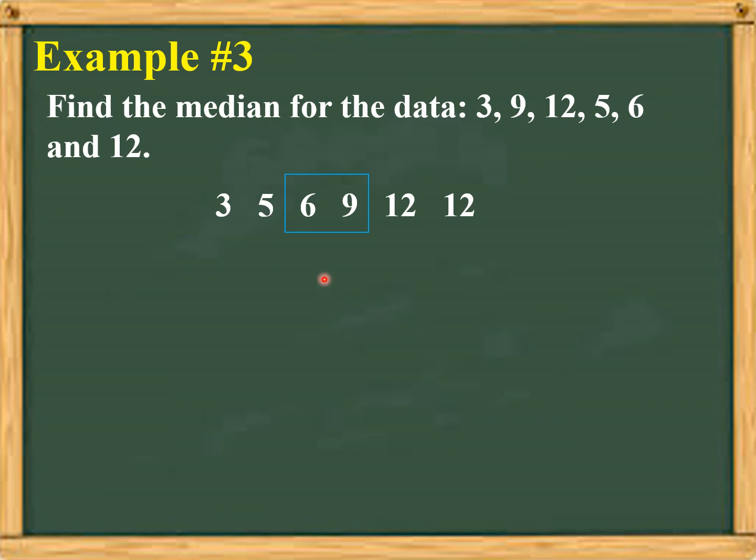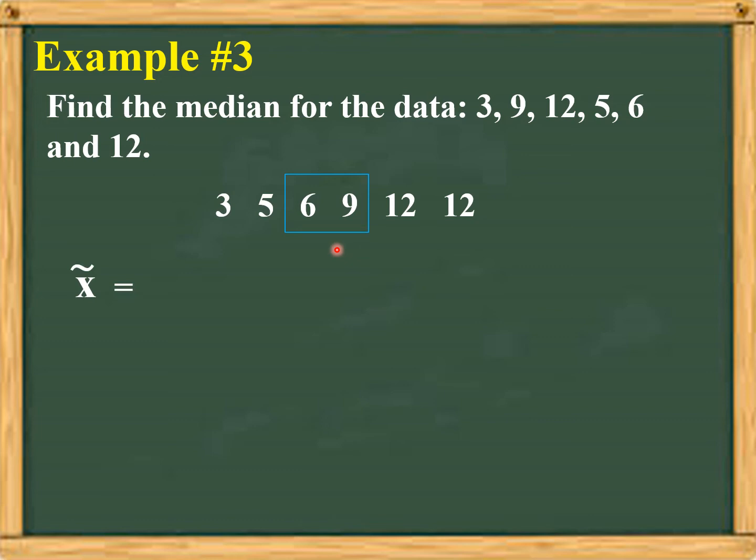Since we are looking for median, we are looking for the middle data. As you can see in this given, the middle data are 6 and 9. So, what if we have two middle data? What do we do? In median, if we have two middle data, we're going to get the average of the two middle data, and that is our median.